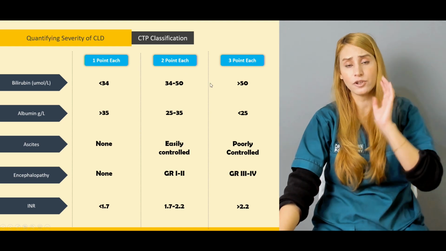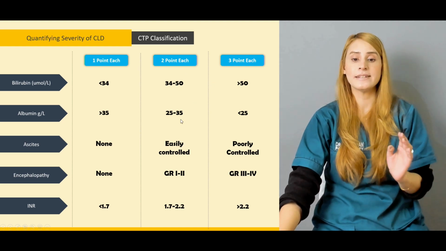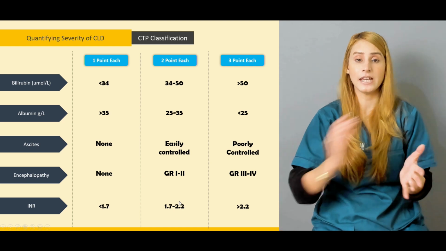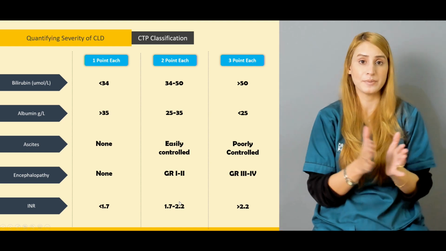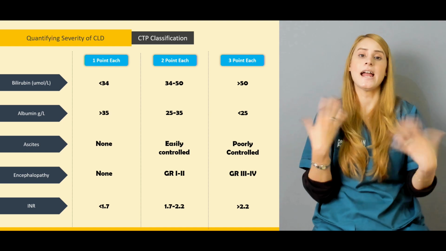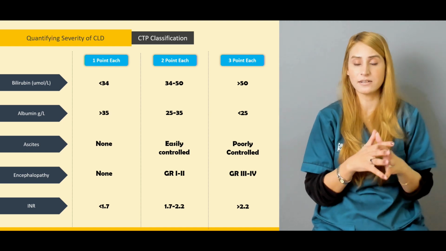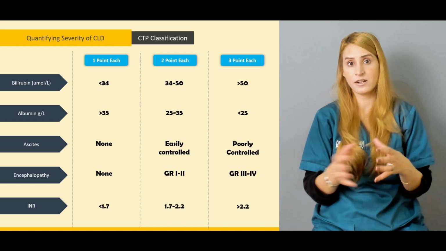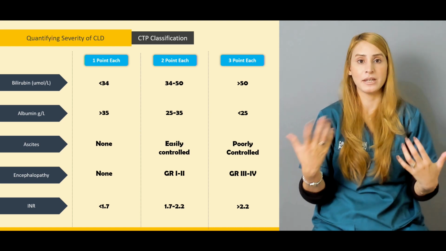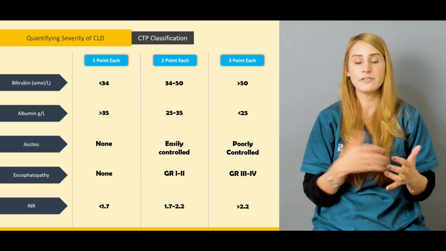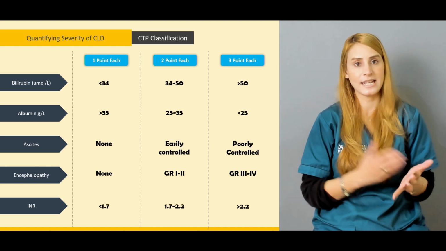Now, if we talk about 2 points each, so 2 and 2 and 2 and 2 and 2, that's 10. So if the total comes out to be 10 or greater than 5, that actually means that the patient has moderate chronic liver disease. And if we talk about severe chronic liver disease, obviously the count would be more than that, somewhere between 10 and 15, right?